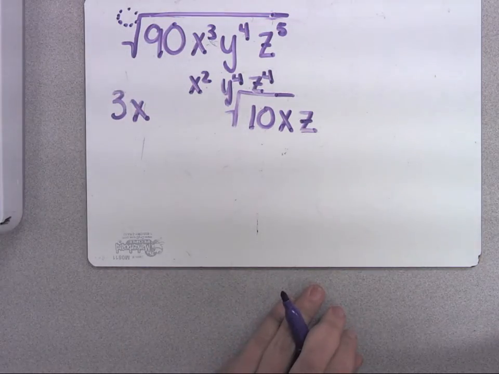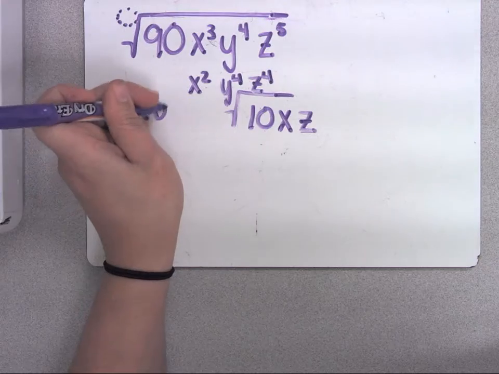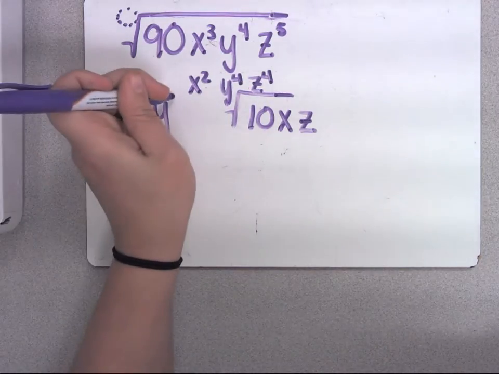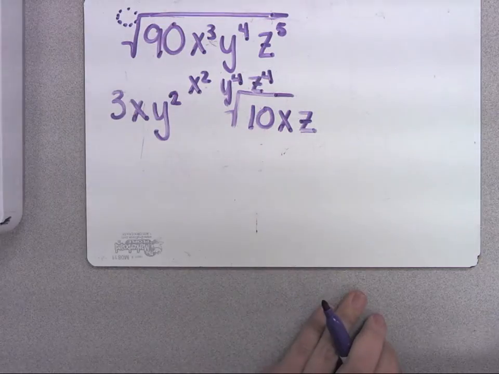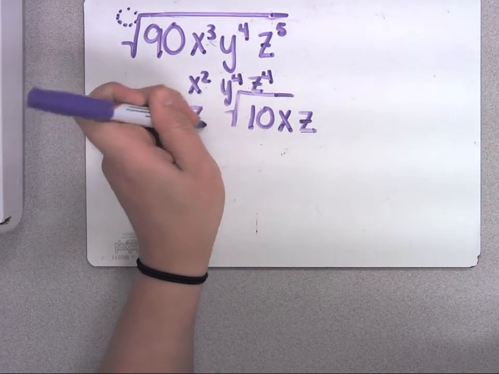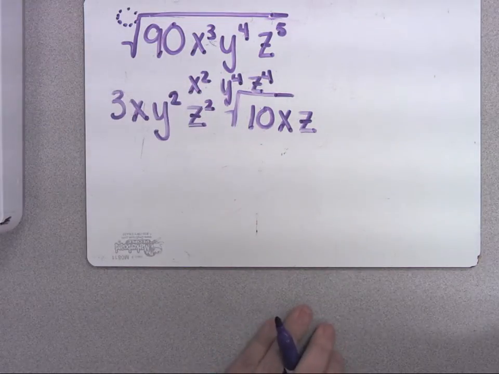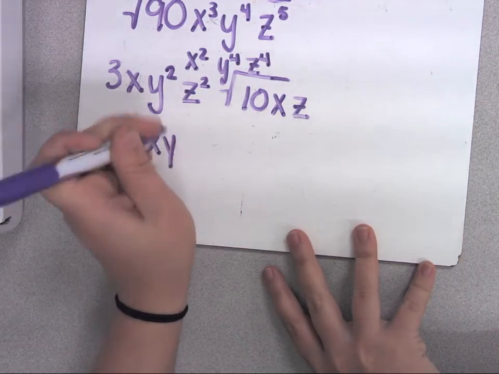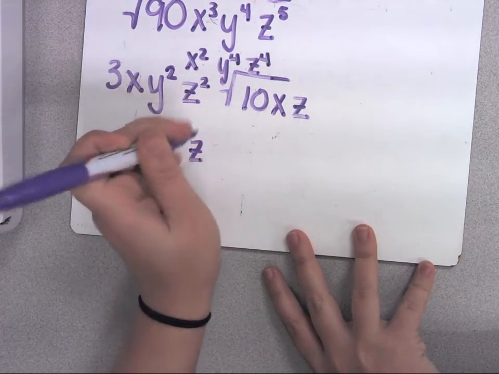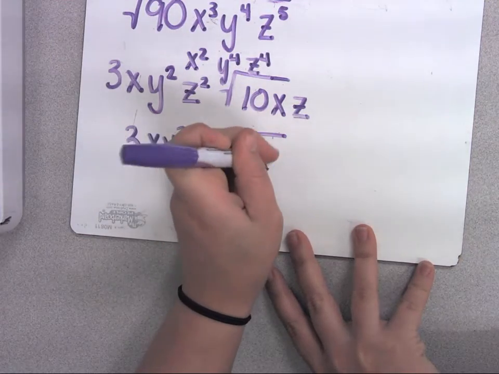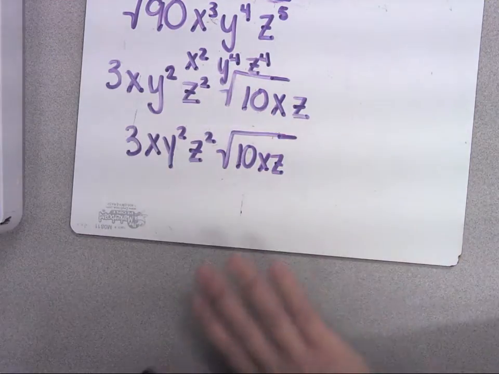So x to the first power. y to the fourth divided by 2 is y to the second power. And z to the fourth divided by 2 is z to the second power. So your final answer is 3x y to the second z to the second square root of 10xz. All that stuff is underneath the radical.